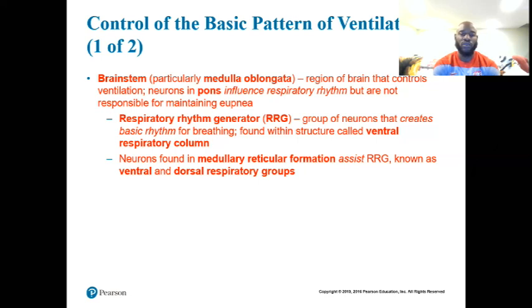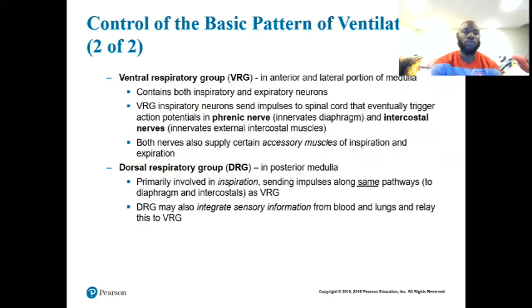You have the respiratory rhythm generator, which is a group of neurons that creates the basic rhythm for breathing, found within the ventral respiratory column. Then you also have neurons found in the medullary reticular formation. Remember that, the reticular formation, which also assists with your respiratory rhythm generator.